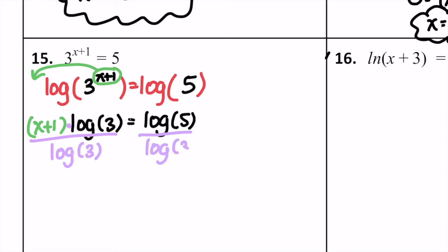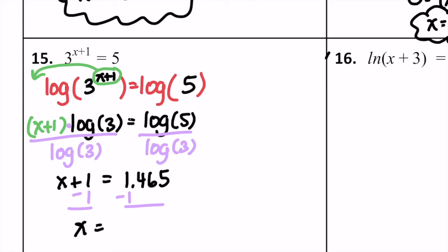I end up with x + 1 is equal to log of 5 divided by log of 3. I get 1.465, and then I subtract 1 on both sides. And I get x is equal to 0.465, and that's my answer.